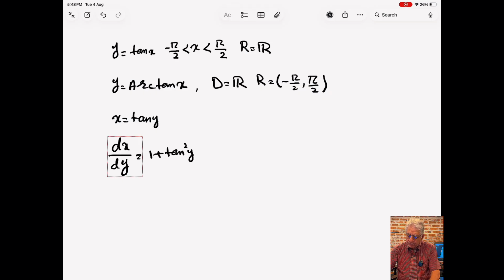You may remember the derivative of tan is 1 over cos square of y, or 1 plus tan square of y. These two are exactly the same thing.